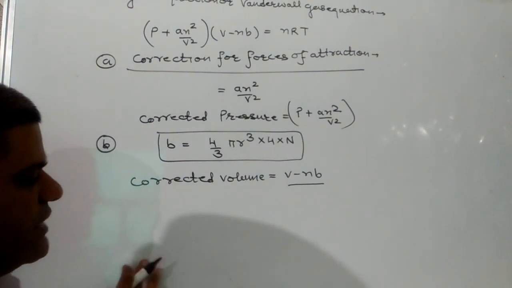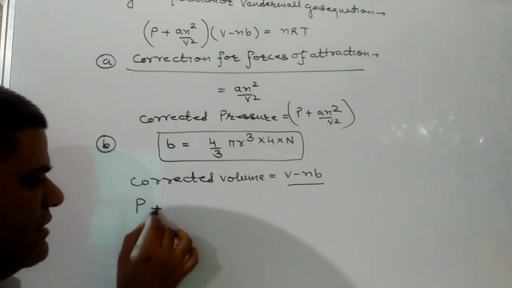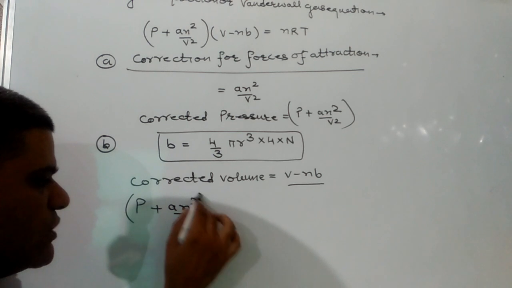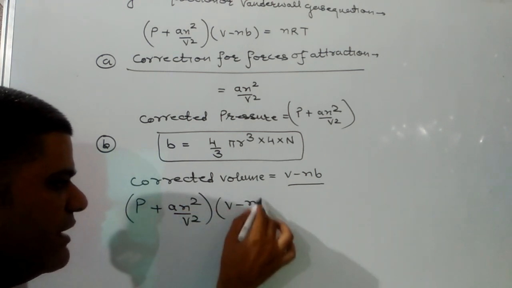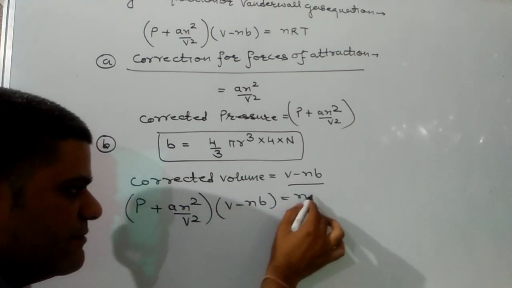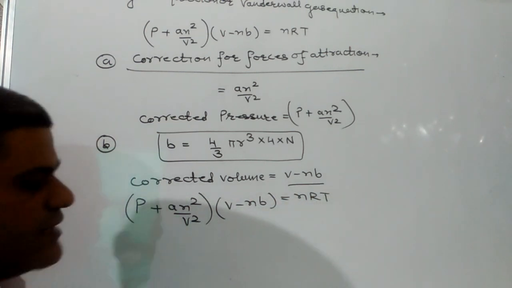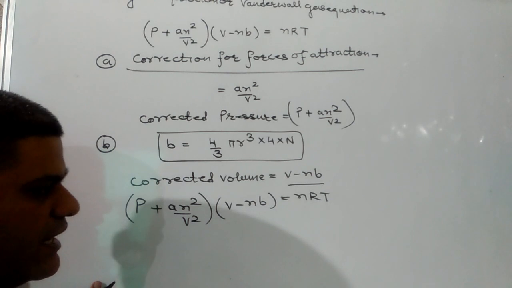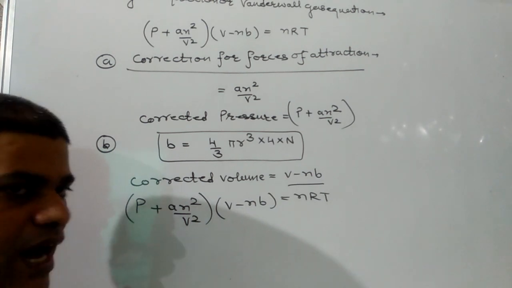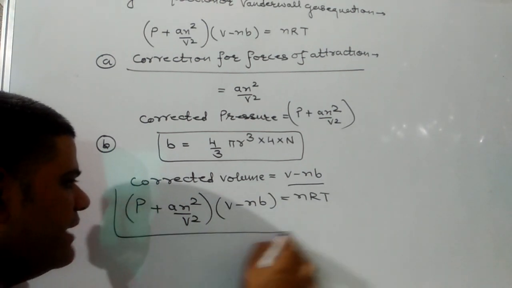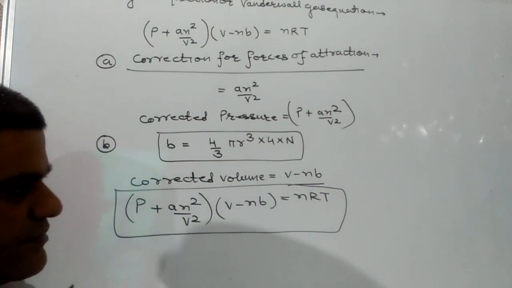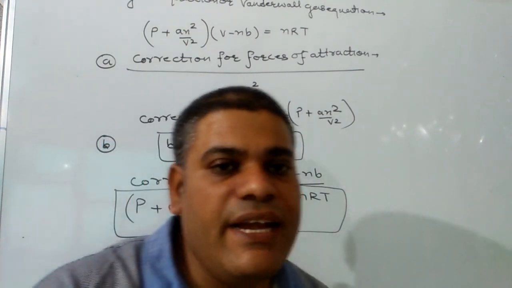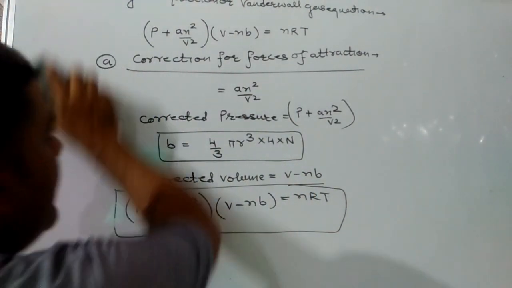So putting these values in the ideal gas equation, we will get (P + an²/V²)(V − nb) = nRT, where P is the pressure, V is the volume, a and b are van der Waals gas constants, n is the number of moles, R is the universal gas constant, and T is the temperature.